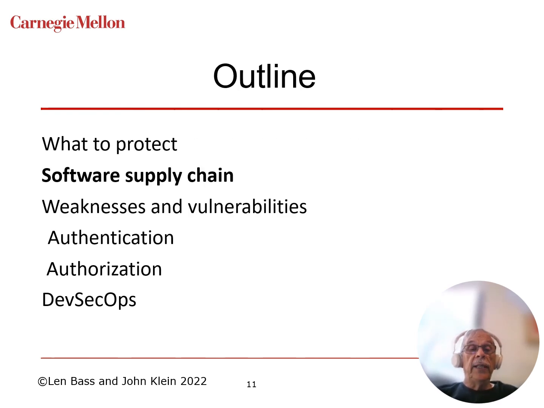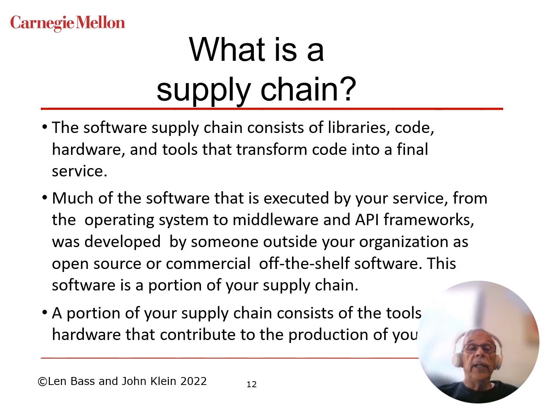So let's move on to talk about the software supply chain. What is it? It is all of the libraries, code, hardware, and tools that take your code into an executable or a final service, and actually put the executable into production. Much of the software that you have on your system is not software that you coded.